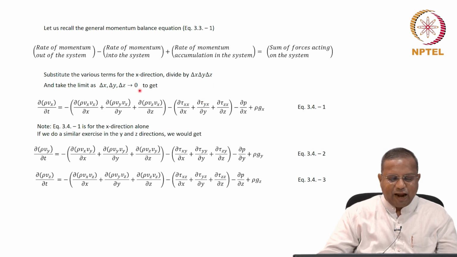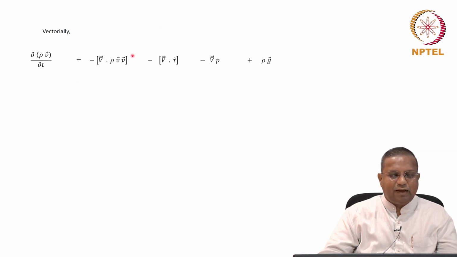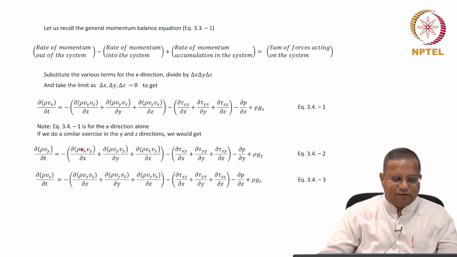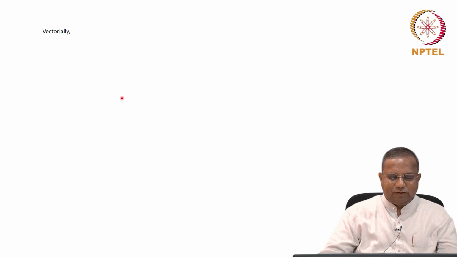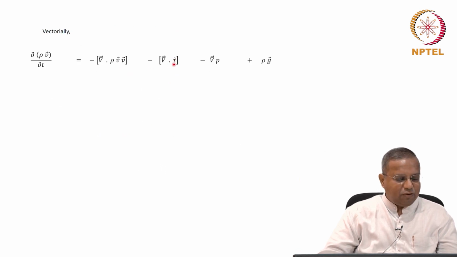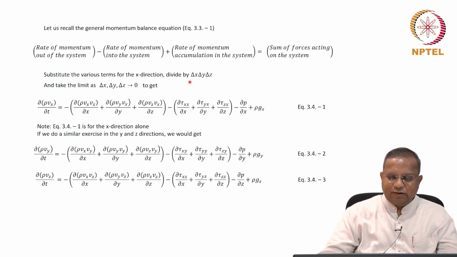And this has been represented as del dot ρvv. This is neither a dot product nor a cross product. The dot between del and ρvv is a dot product, yes, but vv, what is this? This has been written this way to represent these 9 terms here. So remember this, I will talk more about it. Similarly, τ again represents these 9 terms here.